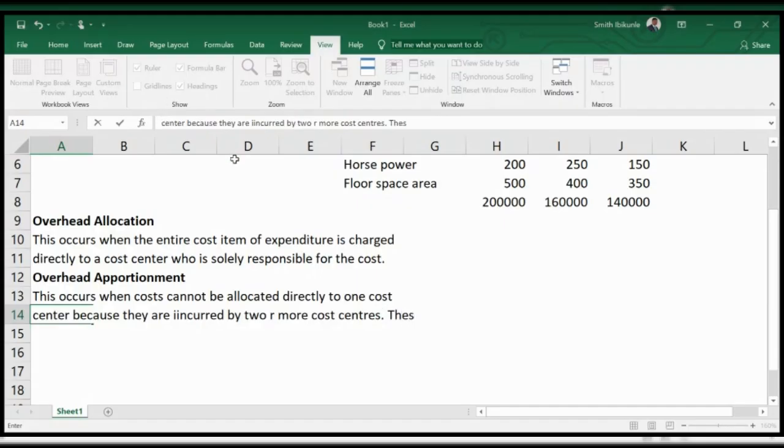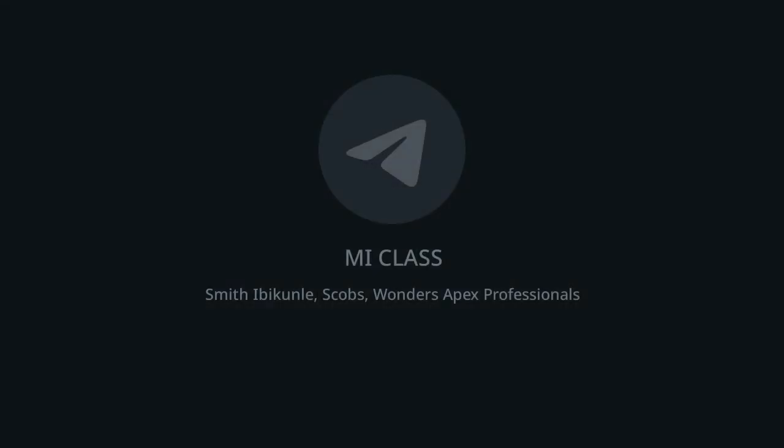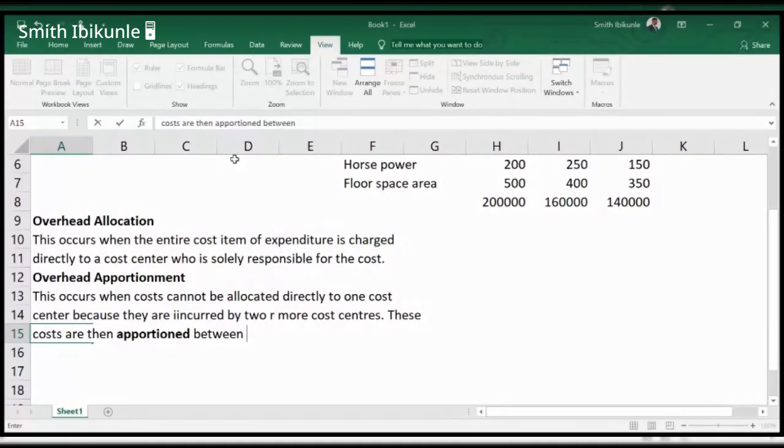These costs are then apportioned between the cost centers.